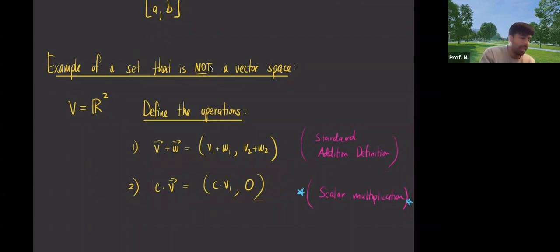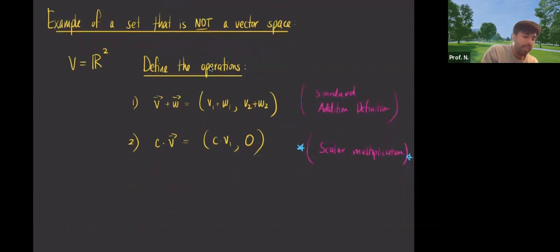Now you see how this is a bit different. Then what's the problem? Obviously, this is closed under addition, right? Because any two things in here will also be in it. But what happens with scalar multiplication, for example?